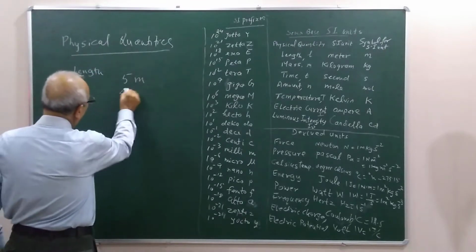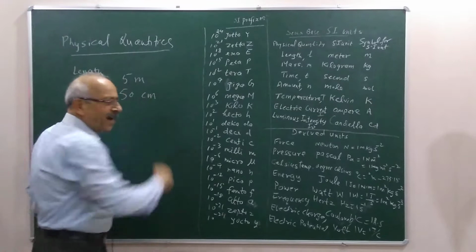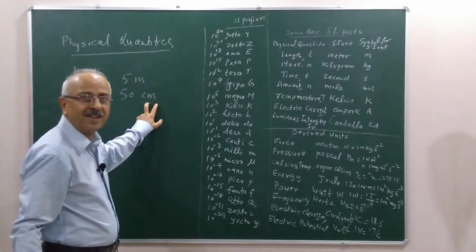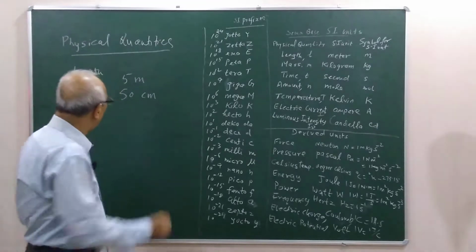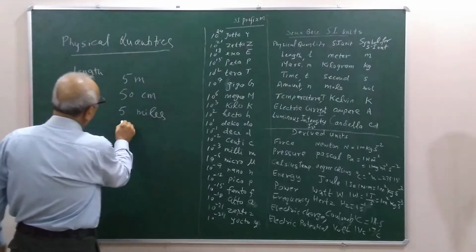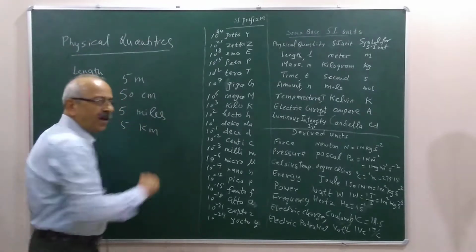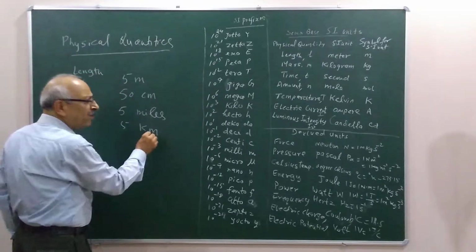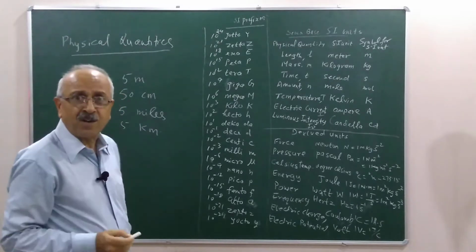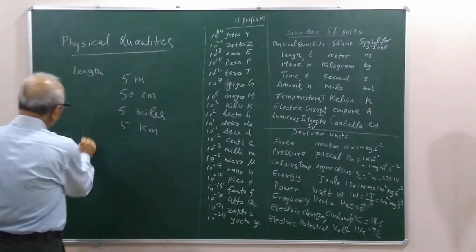Meter is the unit of measurement which I have used for length. Someone can say 50 centimeter. Again, 50 is a numerical value and centimeter is a unit of length. You have found many units like miles, kilometer. These are all units which we have been using for length.